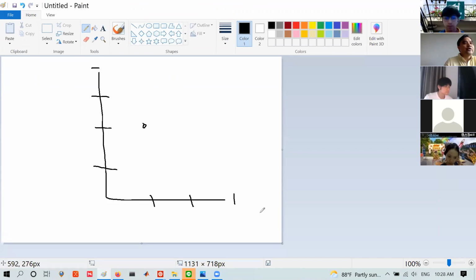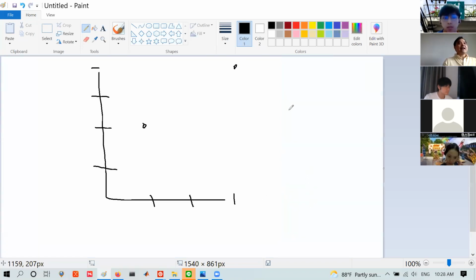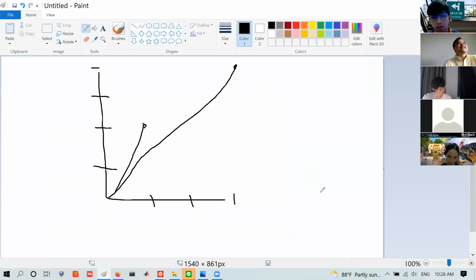You want to add them together. The way it's done is to replace the dot with a stick. So let's say this is a linear stick.